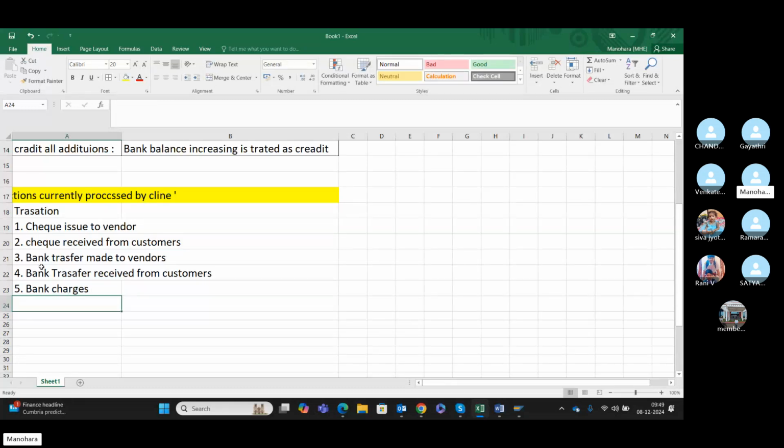Sixth one: bank incomes. So in this example, these transactions are happening.